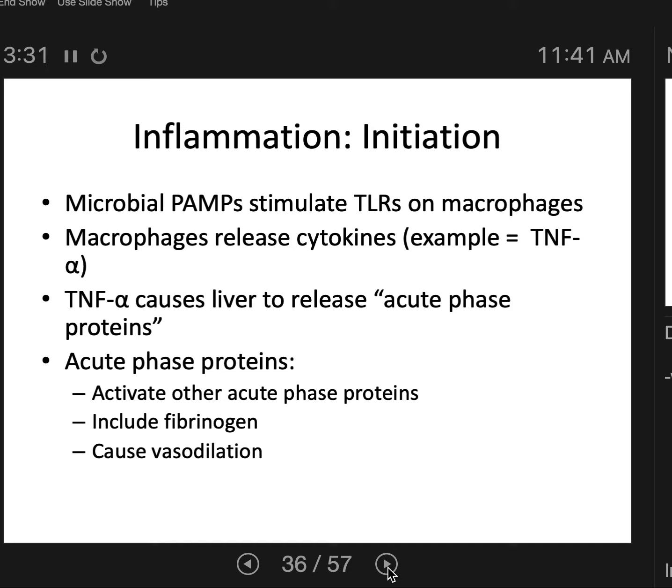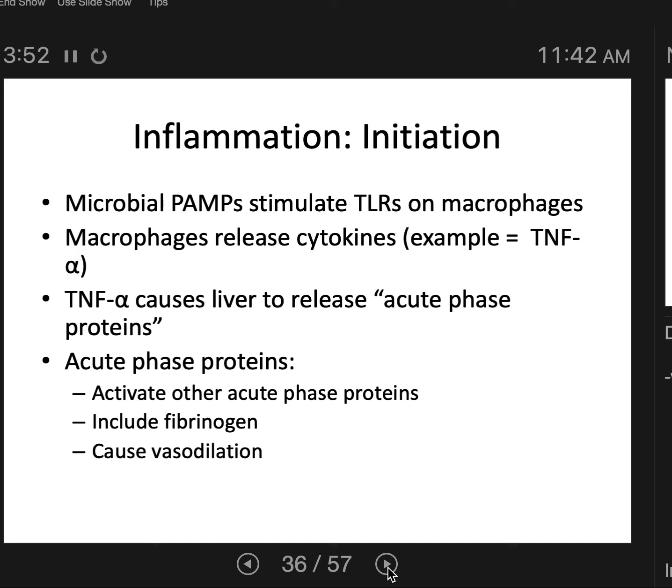There are other acute phase proteins that play different roles that we won't cover. Also, by activating a whole bunch of them, you get this cascade that makes the signal louder and louder, so that you don't just get a little bit of inflammation, but you get enough inflammation. A small signal can create a lot of inflammation in order to really help fight infection and heal.